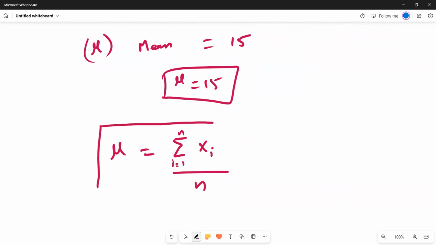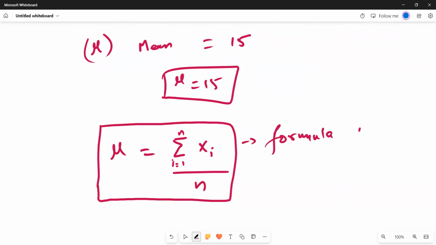This is the formula to calculate mean. Here the xi's are your variables, and this is mu. This is basically the representation.